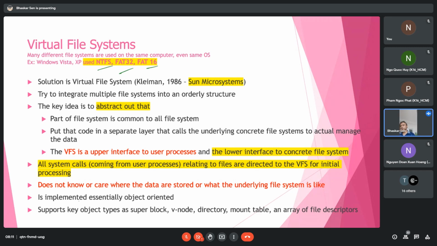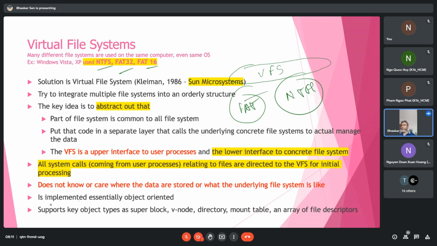To get rid of this problem, what these Java guys did, as usual, is they introduced a virtual file system, VFS. They took out the common components from, say, FAT and NTFS. The part which was common to FAT and NTFS, they pulled it out and put it into a layer called VFS, or virtual file system.